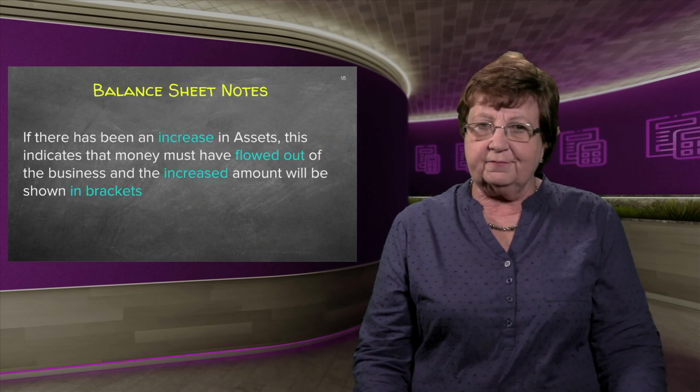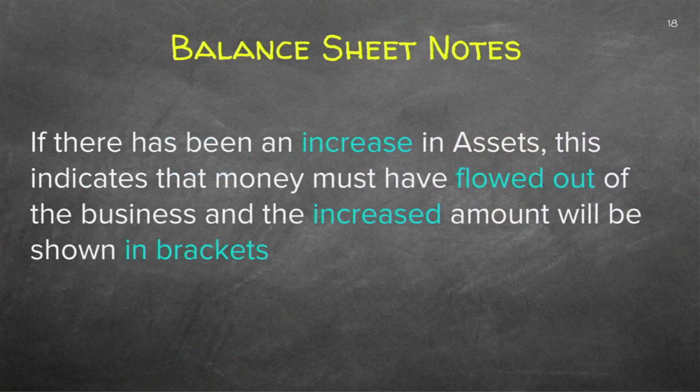Balance sheet notes. If there's been an increase in assets, this indicates that money has flowed out. So let's think of our inventories. And so inventories are assets, and so money has flowed out. So there we have our assets. Money has flowed out of the business, and the increased amount will be shown in brackets.